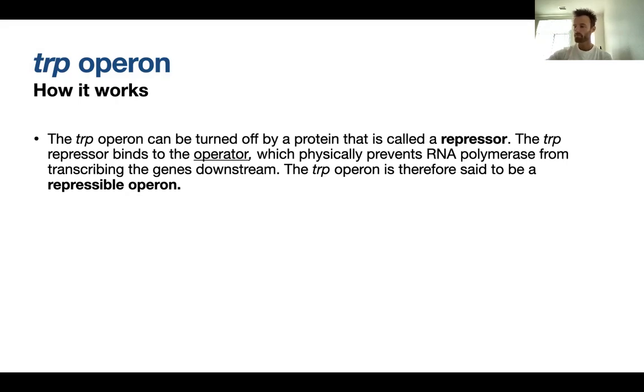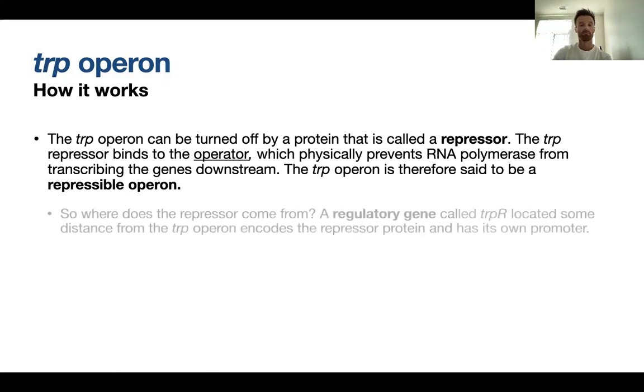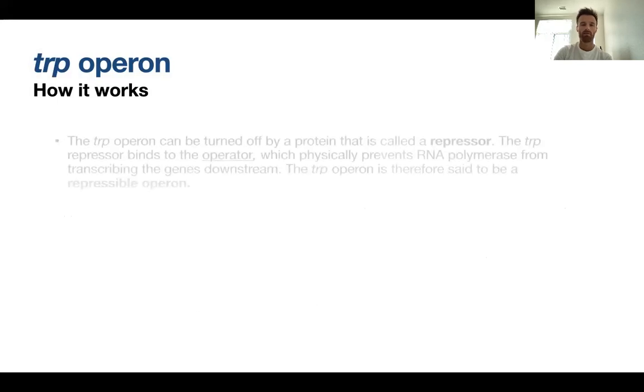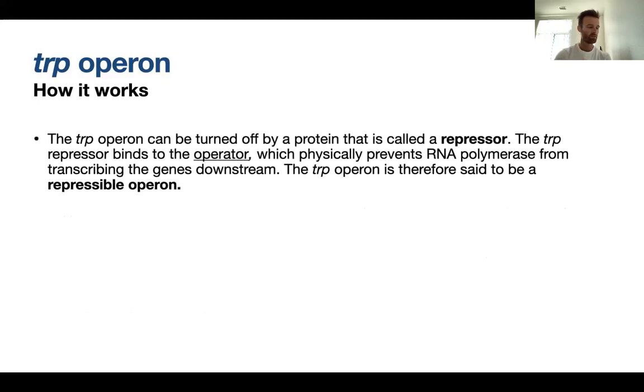So the trp operon we say is repressible because, okay, never mind. We say it's repressible because by itself, the trp operon is active. So what we just drew, without anything regulating the trp operon or affecting it, it's going to be transcribing these genes.